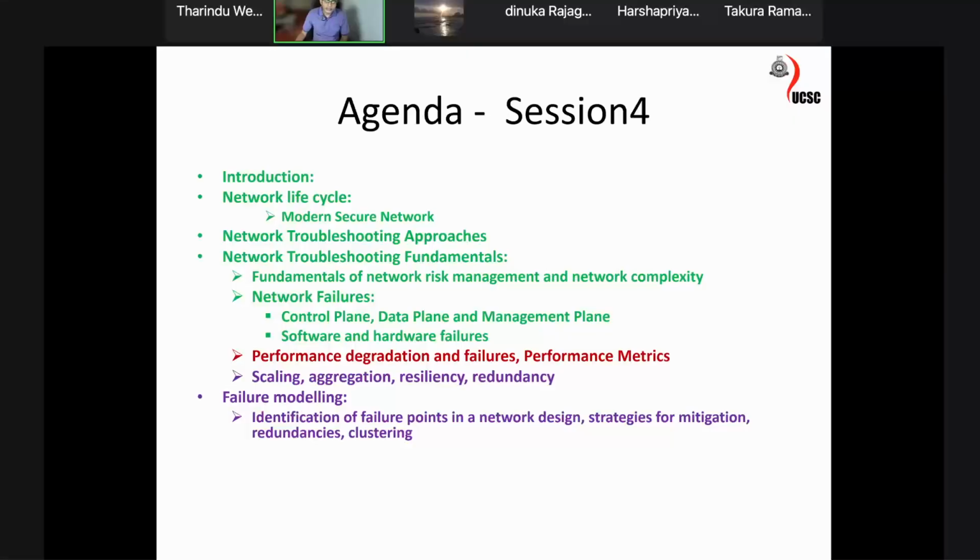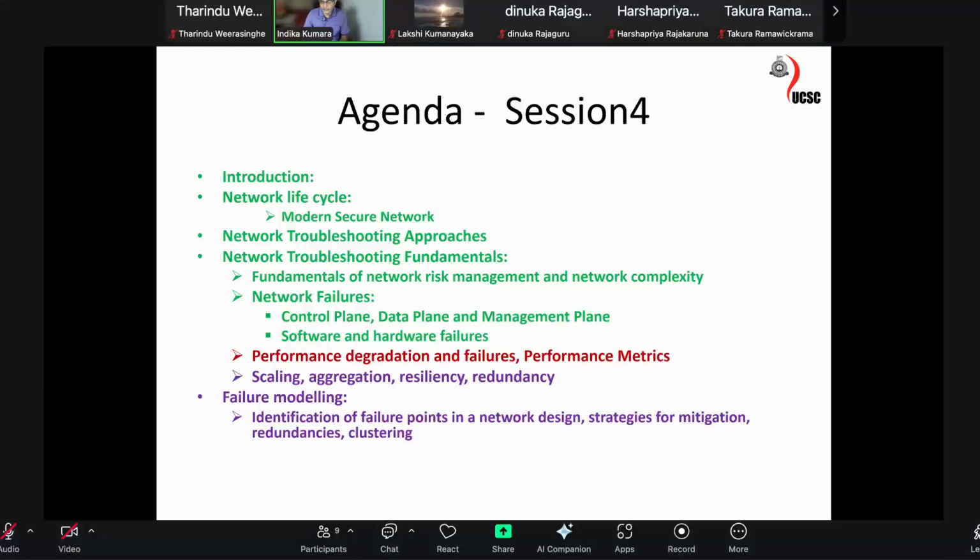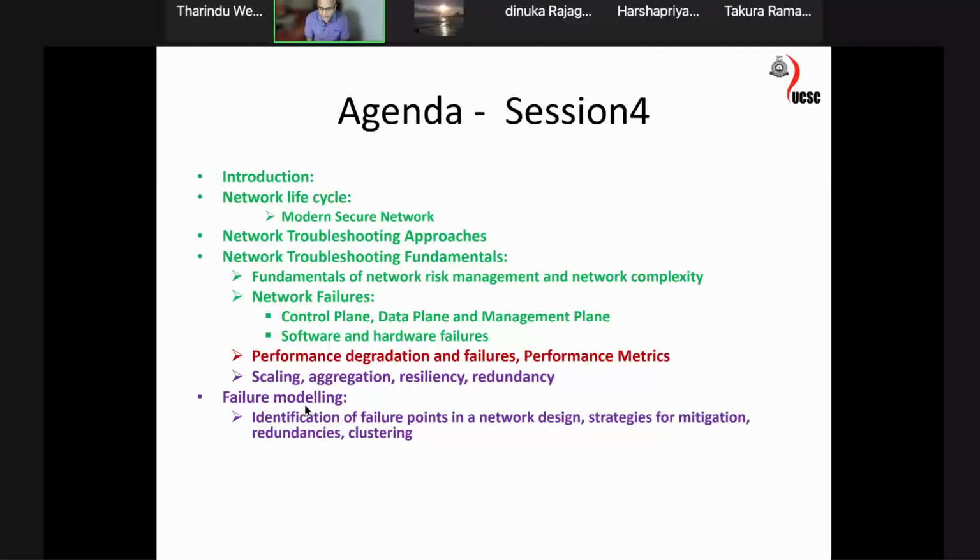And then the network failure points, which are control plane, data plane, and management plane, were discussed, and separately software and hardware failures, with the options we need to consider in terms of planning. And now today we will be discussing this performance degradation and failures with the performance metrics involved there.